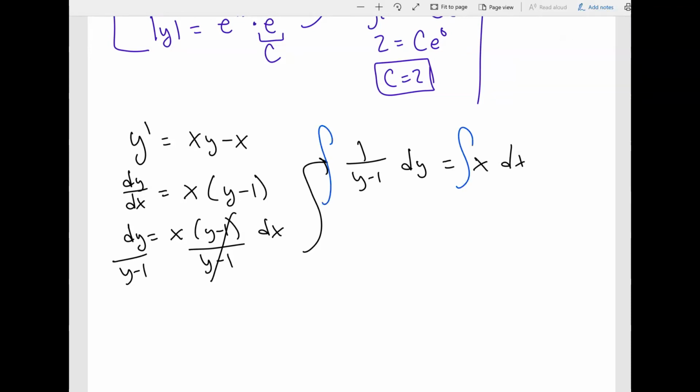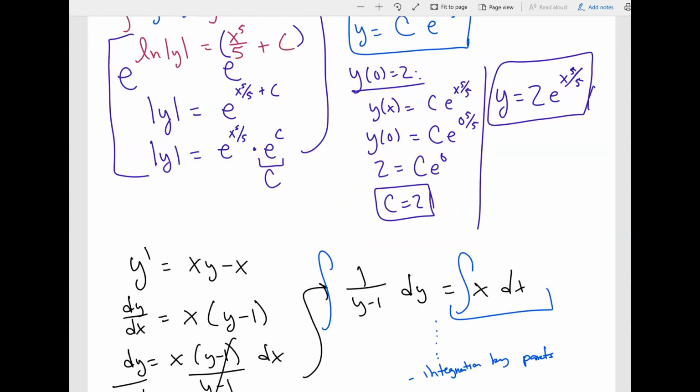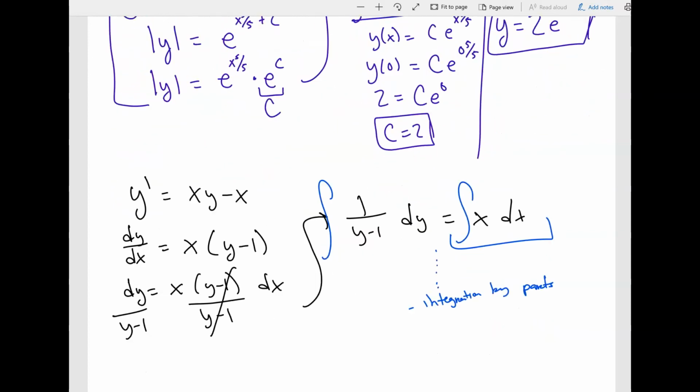So sometimes you might want to do these little tricks. Also, be aware that when you do an integral, sometimes you might have to use integration by parts. So sometimes it might not just be an easy integration where you just do the integral.